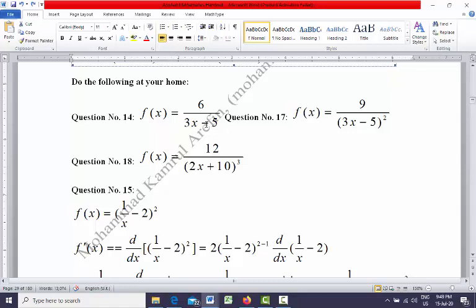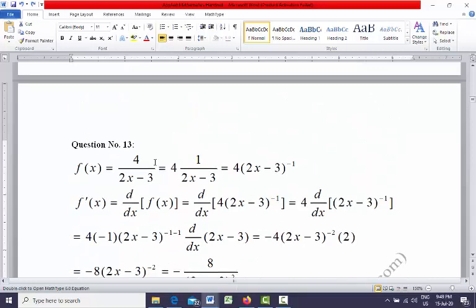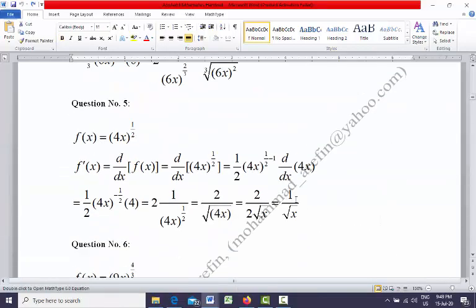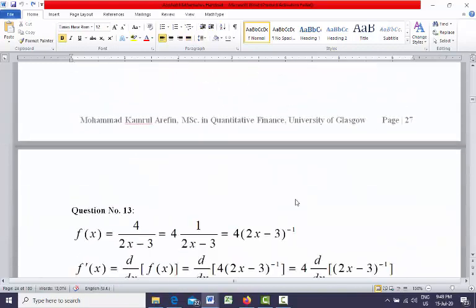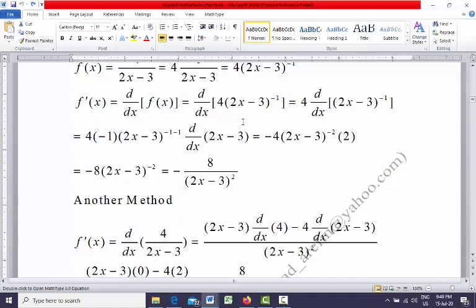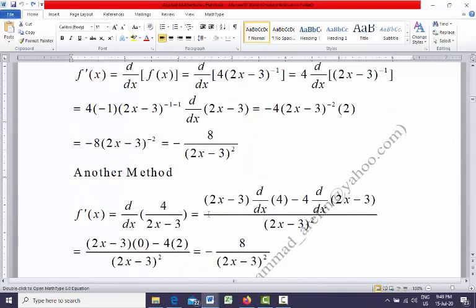So let's see what we have in question number 14. Question number 14, you solve it at your home because this is similar to question number 13. You can either solve it using this method, or you can use the division rule of differentiation.